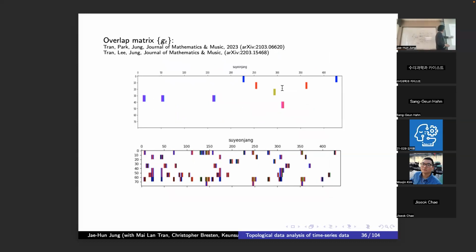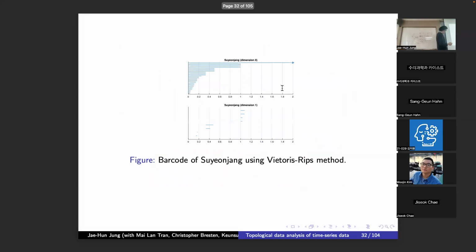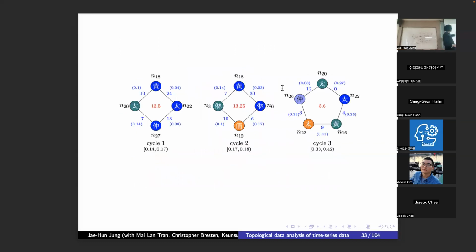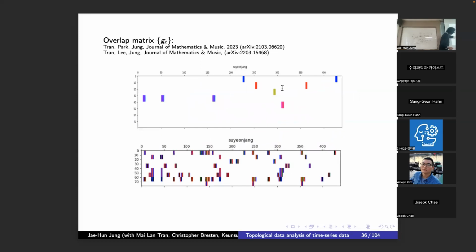However, the X coordinate is time and the Y coordinate is the cycle. So this is cycle number 1, number 2, number 3. First of all, cycle 1 appears when the music starts, and at the same time cycle 7 is also playing.